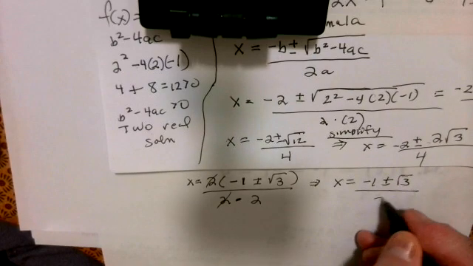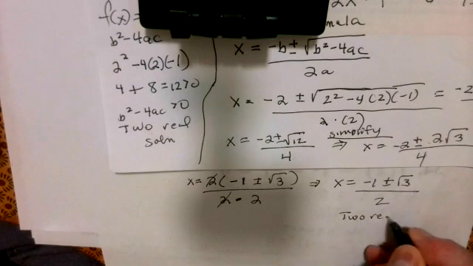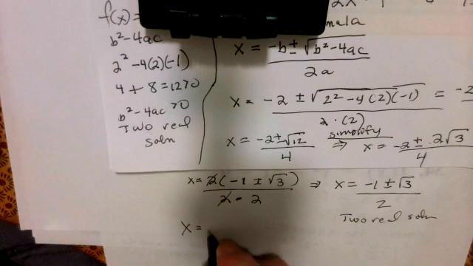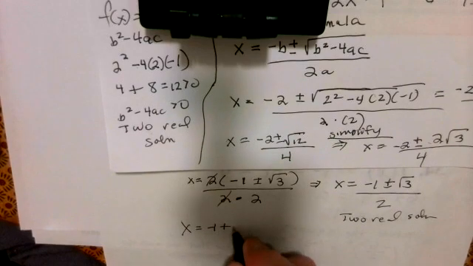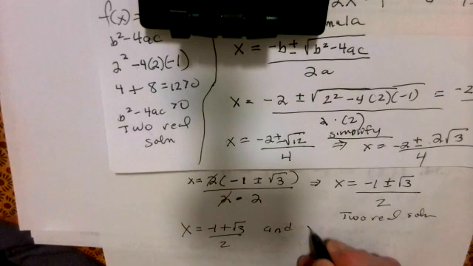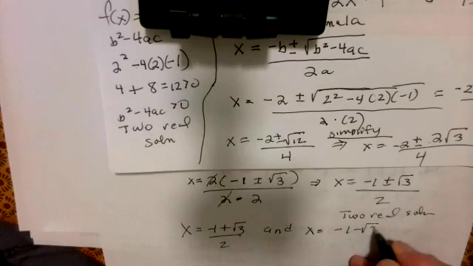Now, these are 2 real solutions, because one of them is x equals minus 1 plus the square root of 3 over 2, and the other one is x equals minus 1 minus the square root of 3 over 2.